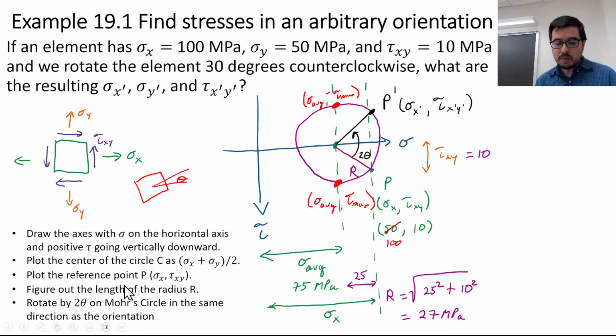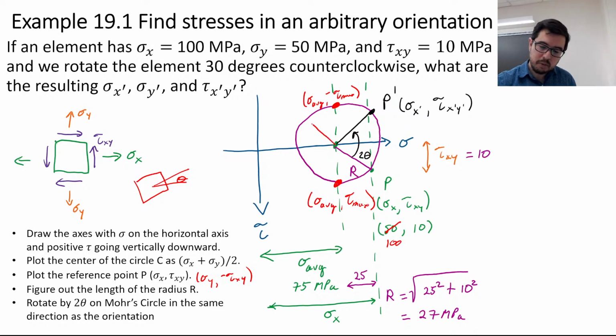We were talking about this before. The reference point P corresponds to sigma x, tau xy, but also when you plot this out, sigma y can be related to minus tau xy. So if I draw this one out here, this is going to be the original sigma y, minus tau xy. Okay.